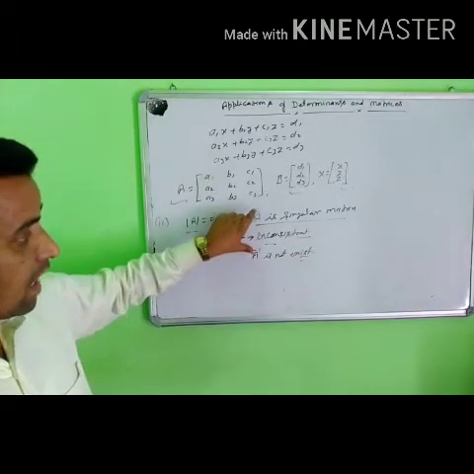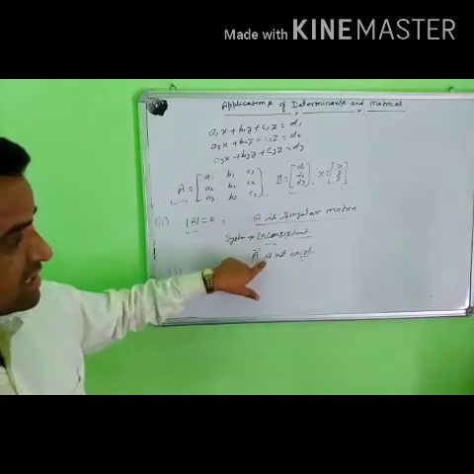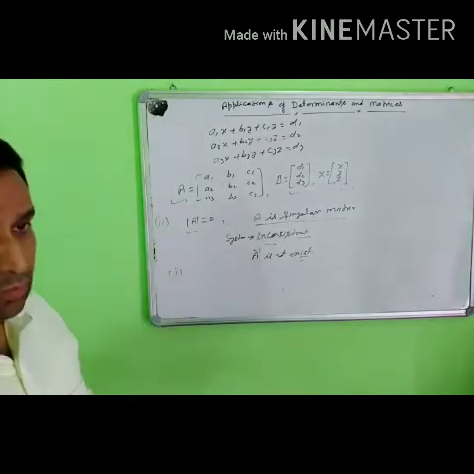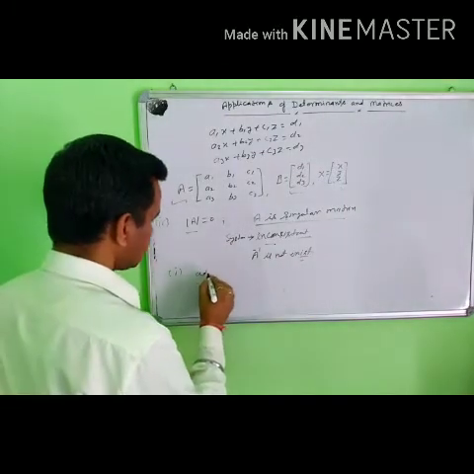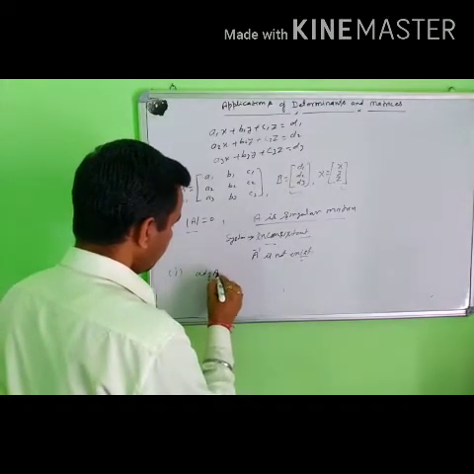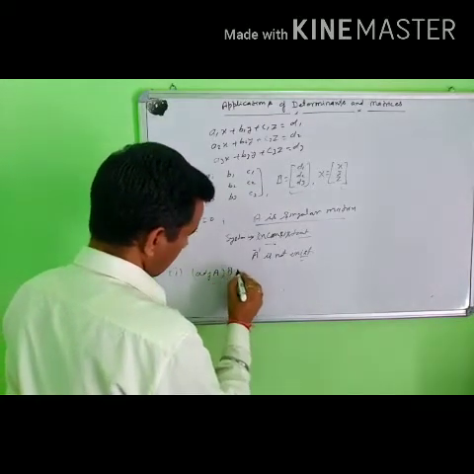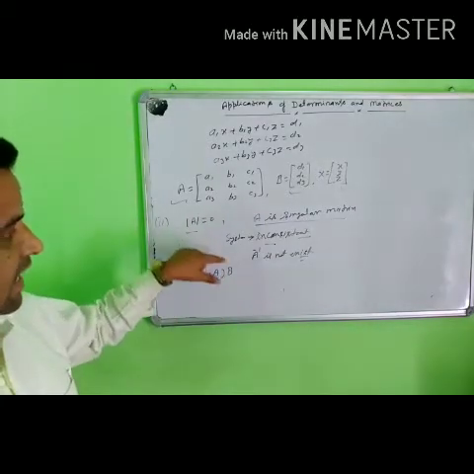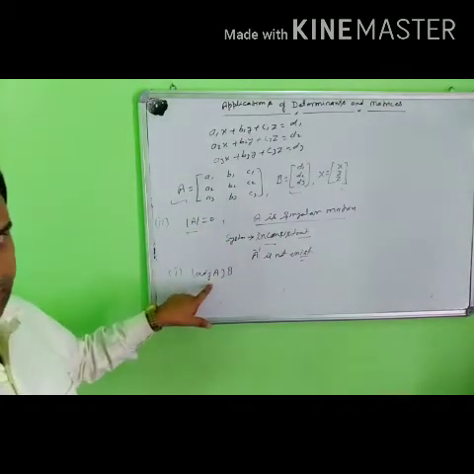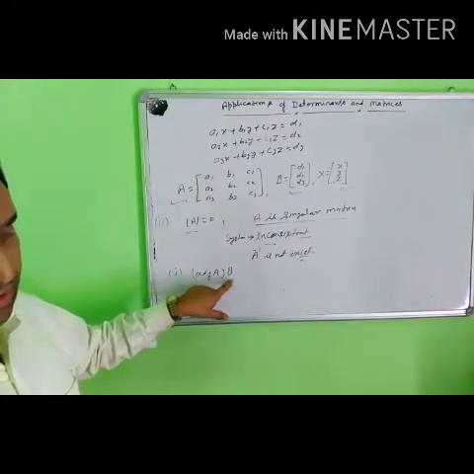No. After this, you will check further conditions. You will take two conditions here. First condition: find adjoint A into B. Check what the value of adjoint A into B is.